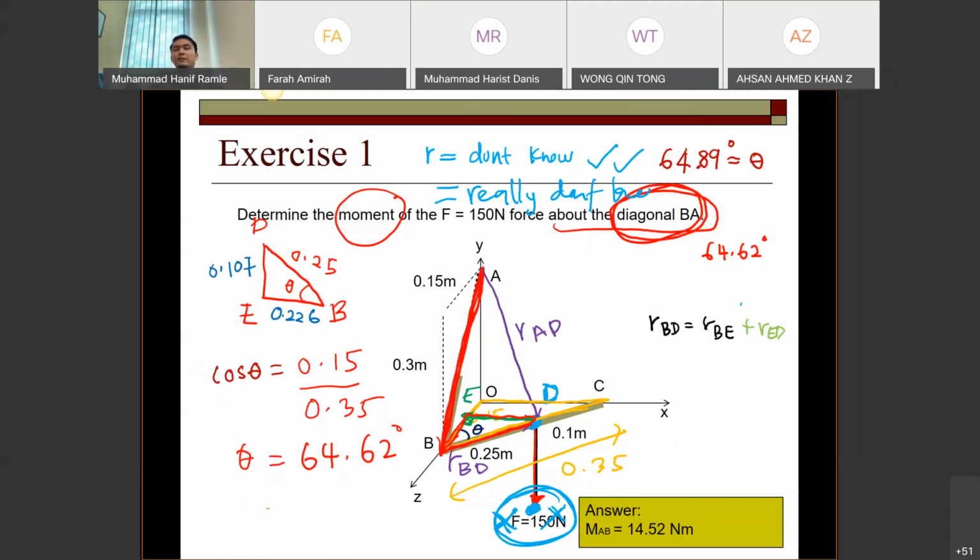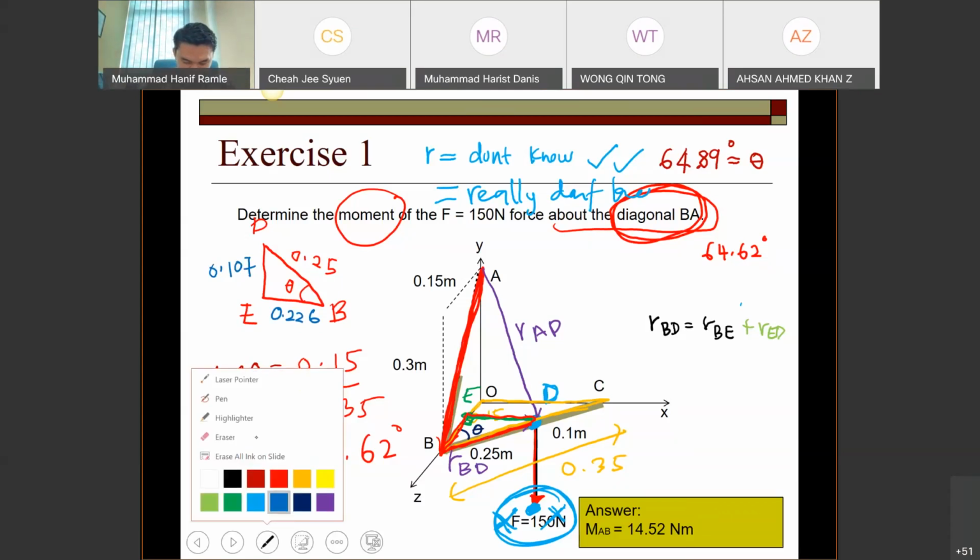Do you get the same answer? Same. No, doctor, the values are opposite. Oh, opposite.